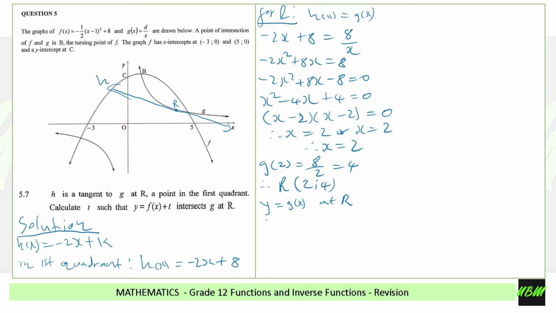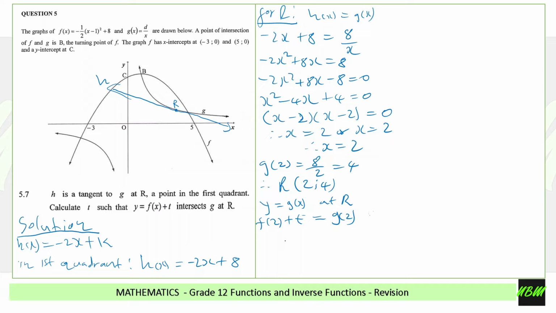What is f of x? f of x is our quadratic equation: minus 1 over 2 times (2x minus 1) all squared plus 8. But remember, we are at point R. So at point R, y will be equal to f of 2 plus t, equal to g of 2.